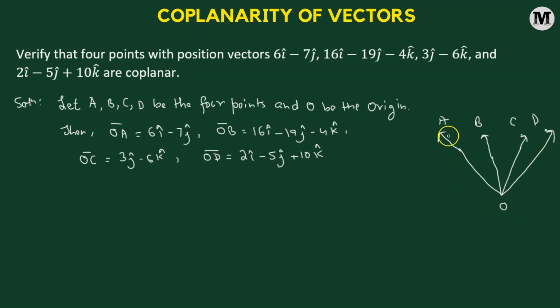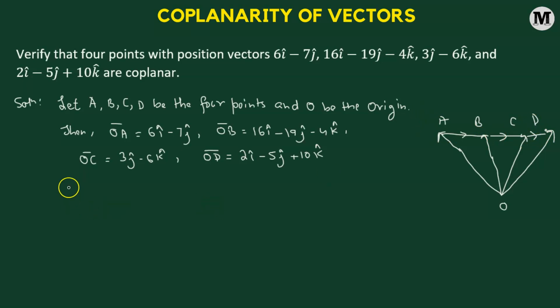So next we'll define AB vector, then BC vector and CD vector. If we can show that AB vector, BC vector, and CD vector, the 3 vectors, are coplanar, then we can immediately say that A, B, C, D, the 4 points, are also going to be coplanar.